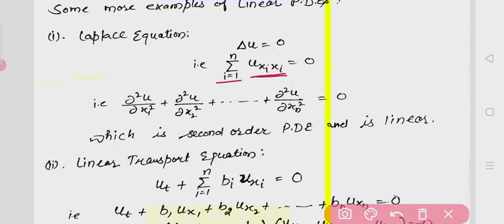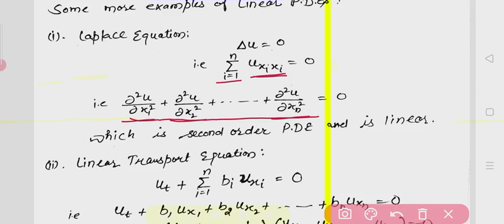That means it is del square u over del x1 square plus del square u over del x2 square and so on plus del square u over del xn square is equal to 0. So this is the second order PDE. और यहाँ पर आप देख सकते हो कि सभी जो डेरिवेटिव है इनकी डिग्री क्या है, 1 है. सो दिस इज योर लीनियर PDE एक्चुअली, राइट.